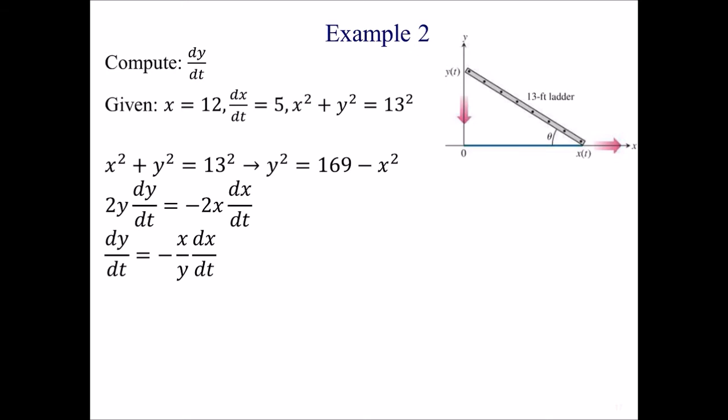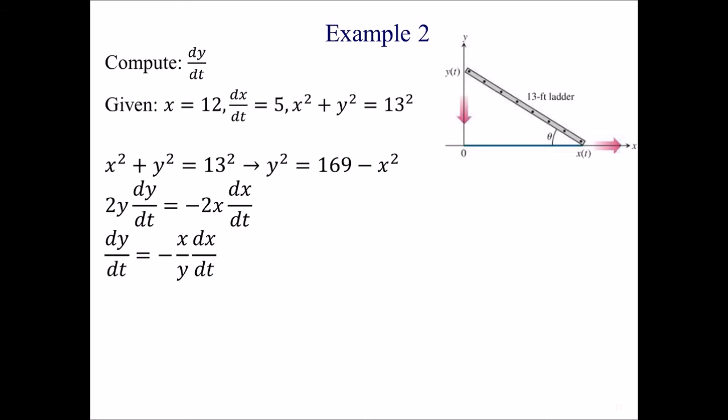On the right, the derivative of 169 is 0, so I don't write it. The derivative of negative x squared is negative 2x times dx/dt. Finally, to isolate dy/dt, I divide both sides by 2y and cancel out the 2's. So dy/dt equals negative x over y times dx/dt.